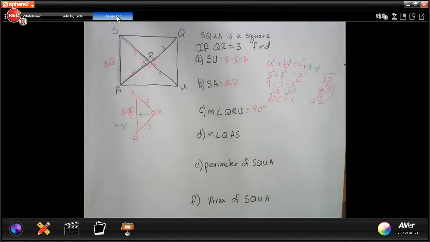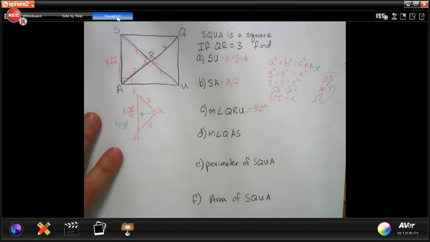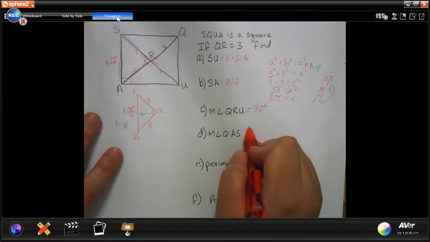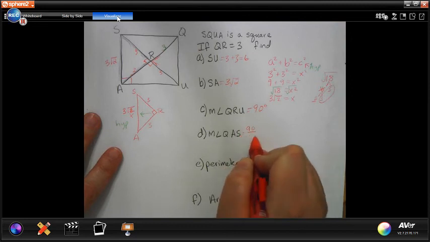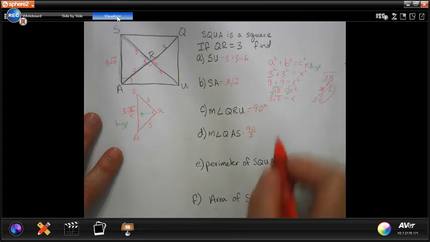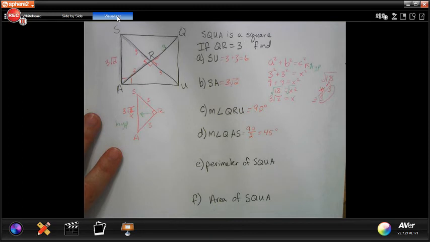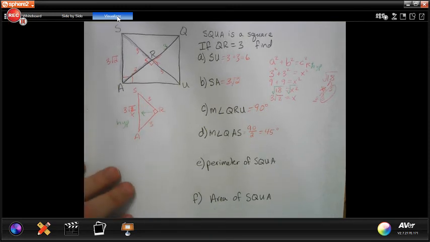So if this whole angle is 90 degrees, the diagonal bisects it, which means 2 equal angles. So for angle QAS, you take your 90 degrees and divide it by 2, because it's half of the 90-degree angle, which is 45 degrees. So angle QAS is easy.